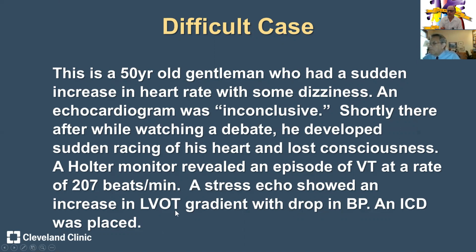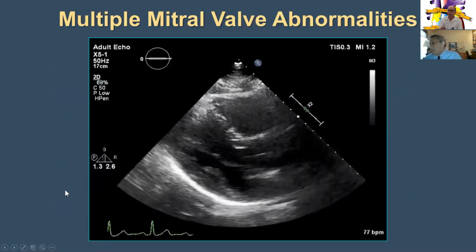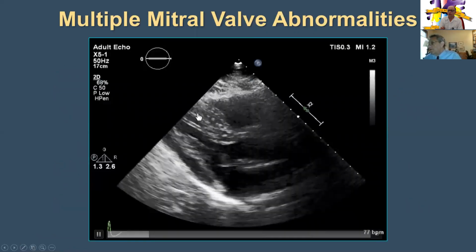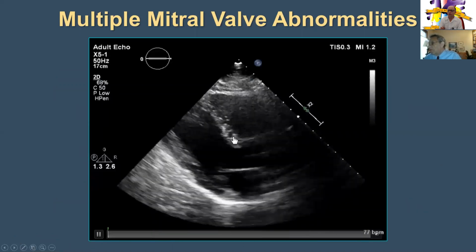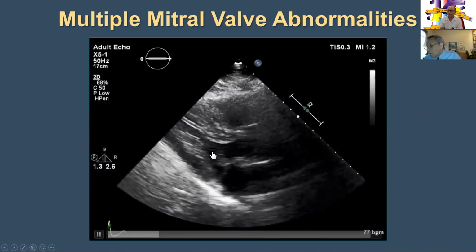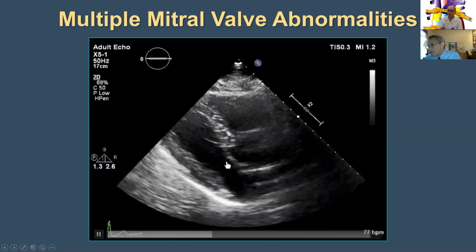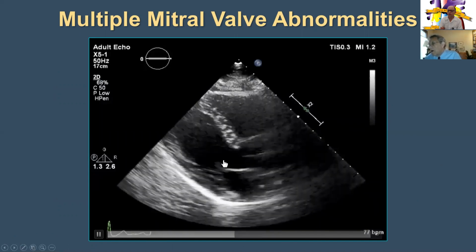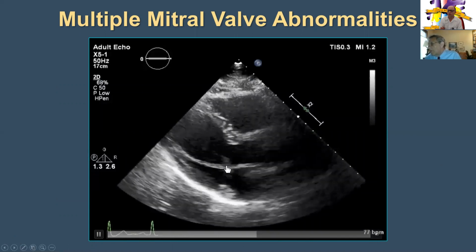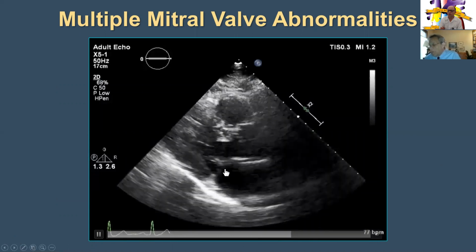Stress echocardiogram showed an increase in gradient with a drop in blood pressure, and an ICD was placed. Here we see that the patient has very mild septal hypertrophy. There is some systolic anterior motion, but look very carefully here. There seems to be some attachment into the body of the leaflet. Not at the tip, but at the body.